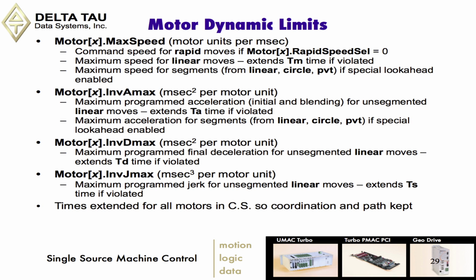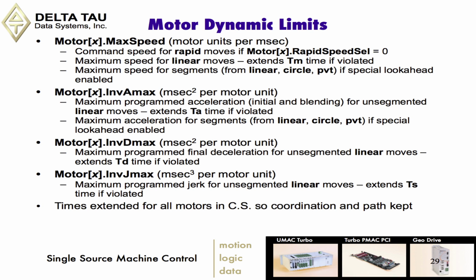Motor[x].InvAMax, inverse AMax. This is in milliseconds per motor unit. Notice it's the inverse acceleration maximum. This is better for Power PMAC to do the calculation very quickly. So this is the maximum permitted motor acceleration for unsegmented moves. And it will extend the acceleration time if it's violated.